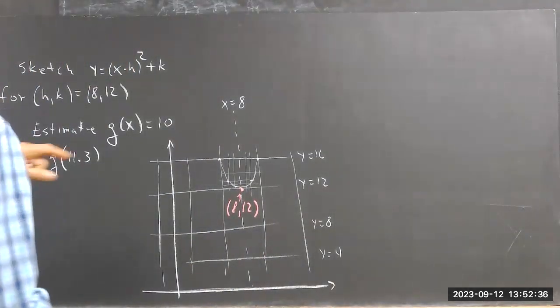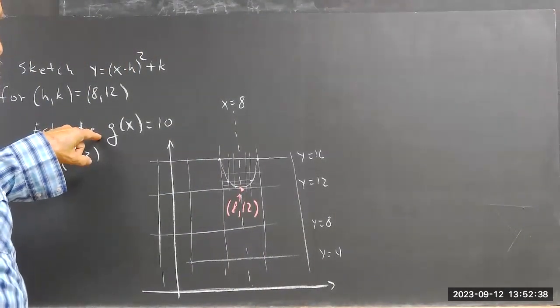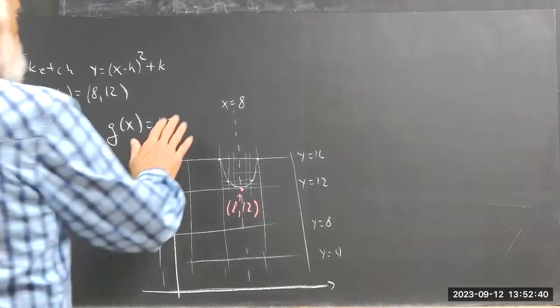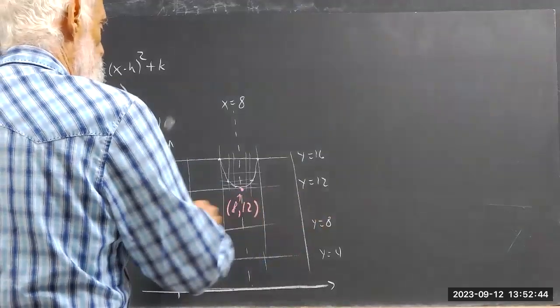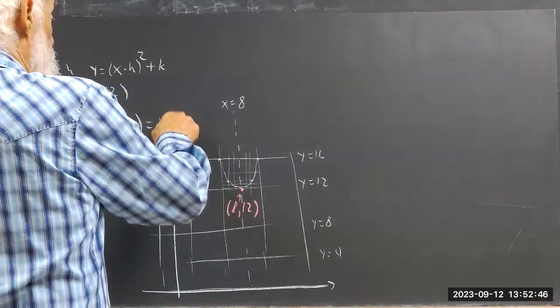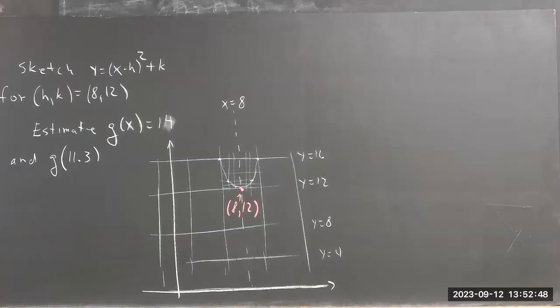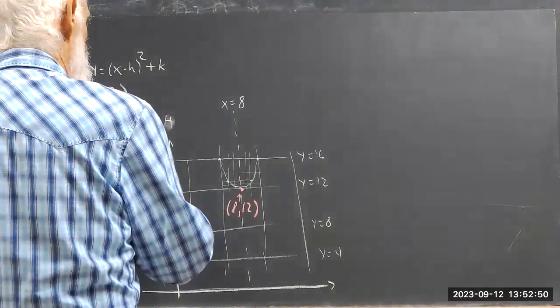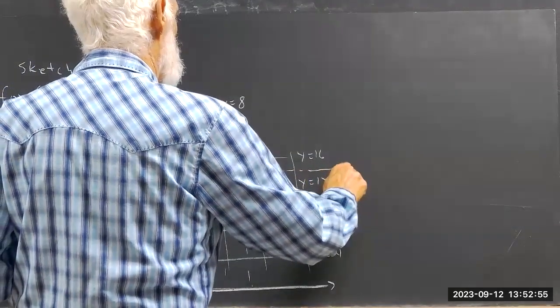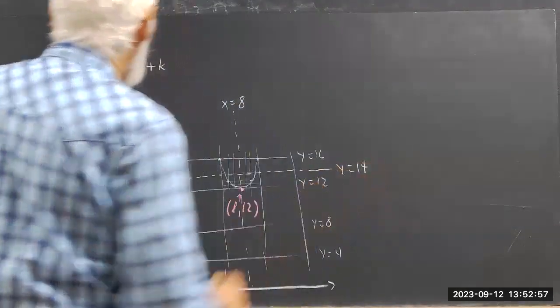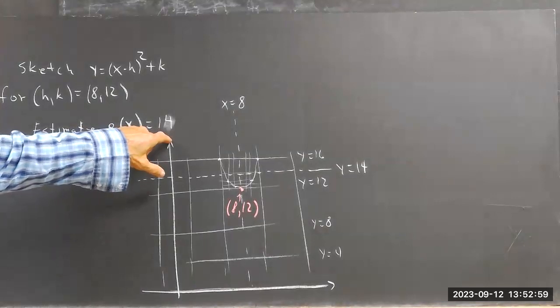We want to estimate g of x equals 10. Uh-oh. Sorry. g of x equals 10 would be here, and there'd be no solution, would there? Okay. g of x equals 14. Here's y equals 14. We're solving the equation g of x equals 14.